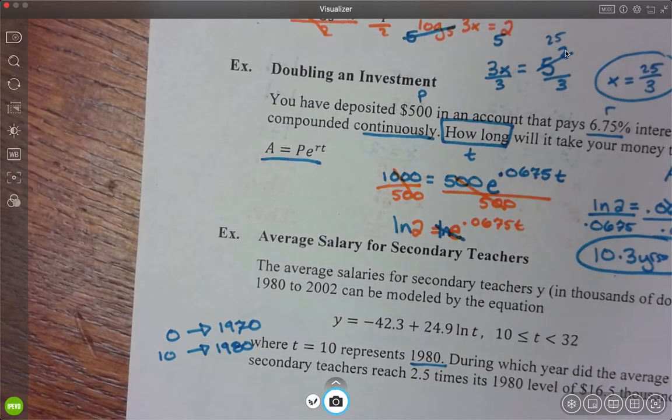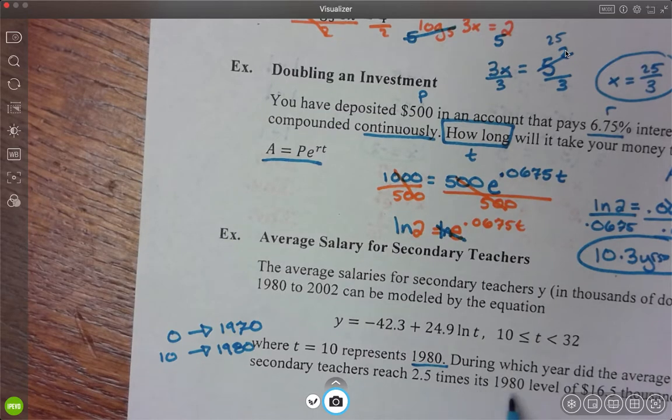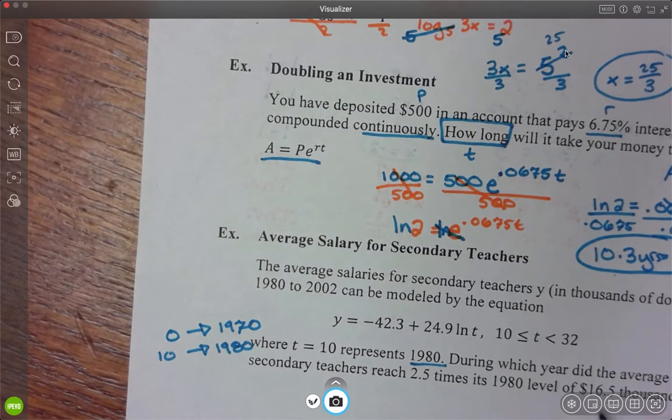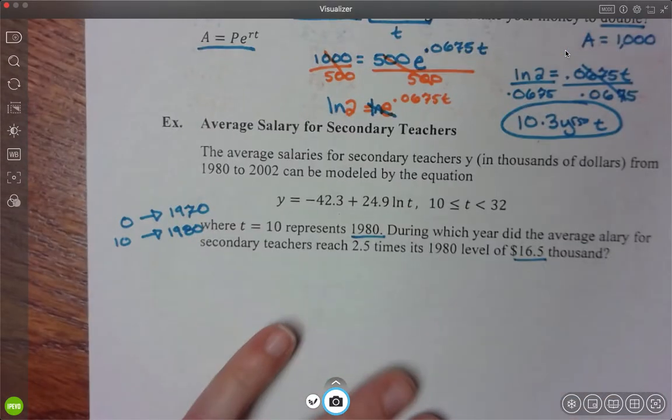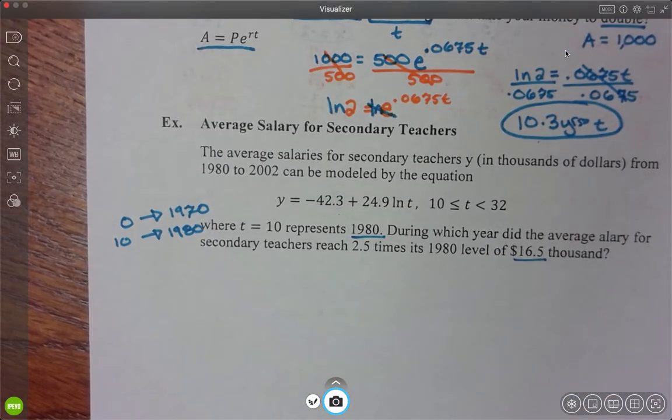Let's see. During which year did the average salary for secondary teachers reach 2.5 times its 1980 level, which was 16.5 thousand? So they worded that really weird. When did it reach 2.5 times this amount?